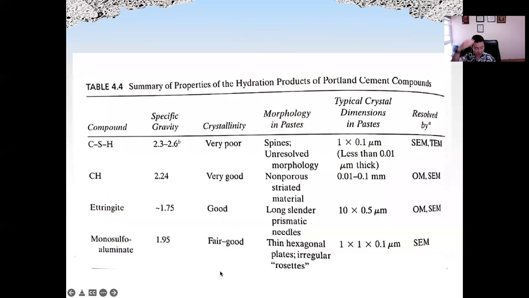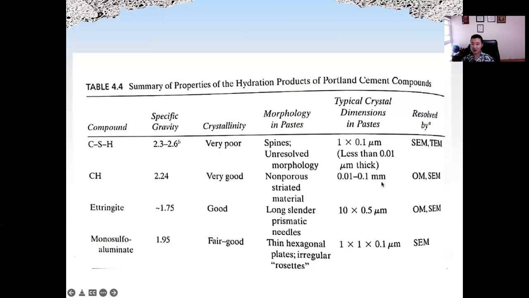And this table is coming from our textbook, showing us the specific gravity of the major hydration products, the morphology, the size, and how we can see them. For example, CSH, its specific gravity is 2.3 to 2.6, which means the density of CSH is about 2.3 times the density of water. It has very poor crystallizability compared to calcium hydroxide, which has a very good crystal structure.